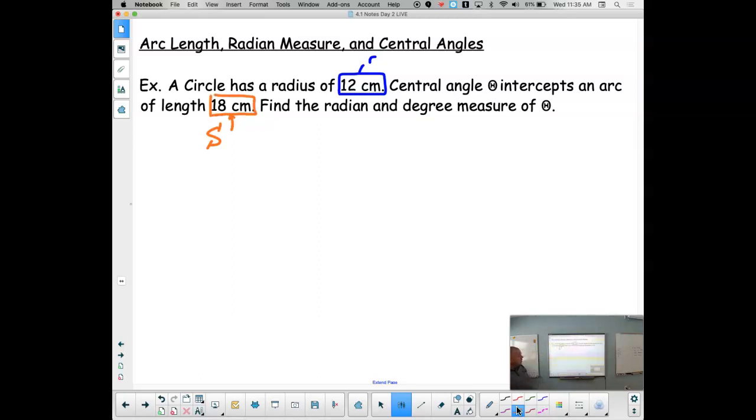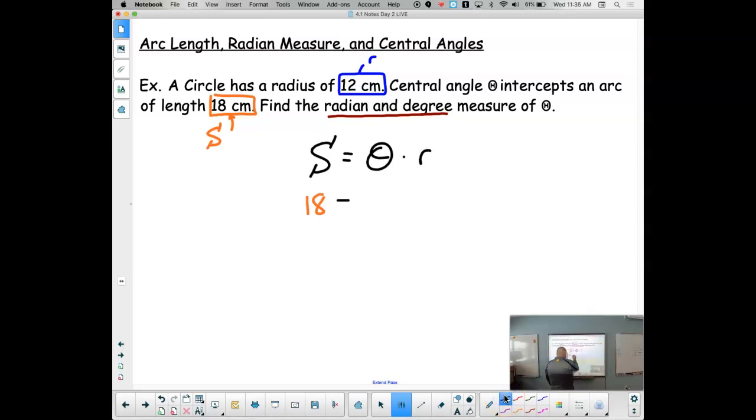Okay? We want to find the radian and the degree. So we're looking for two answers here of the measure of theta. Well, we can start with our formula. S equals theta times r. So my arc length is 18.